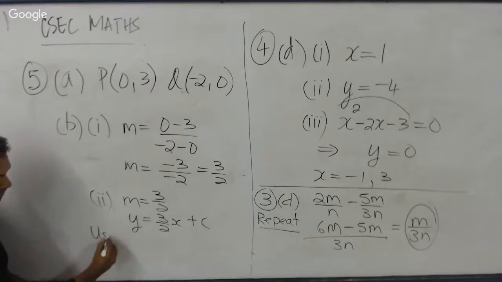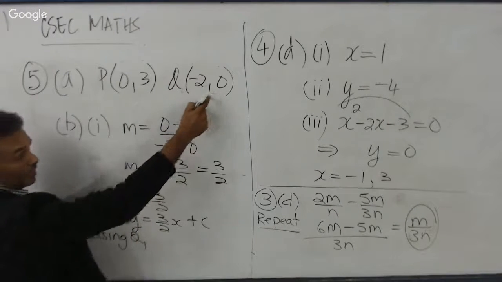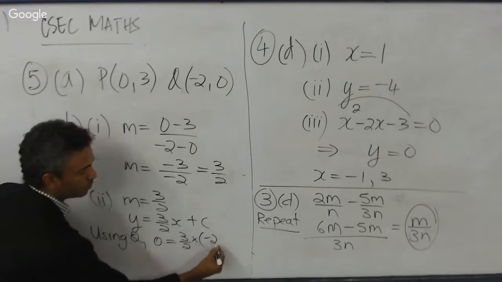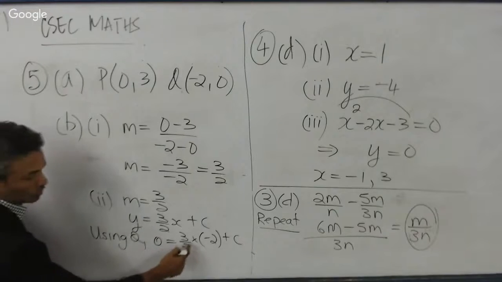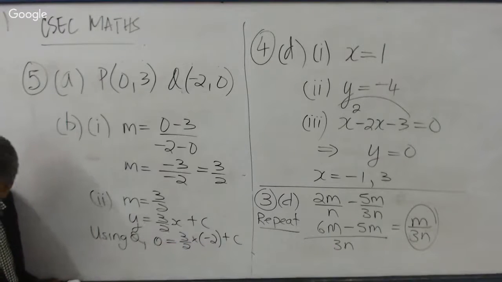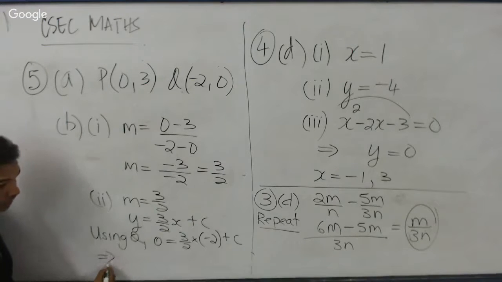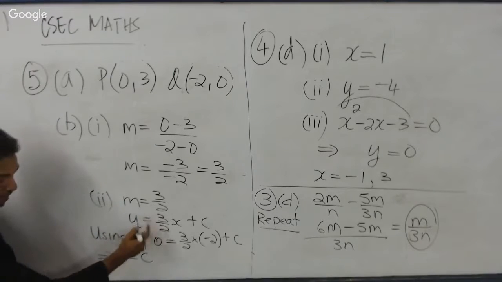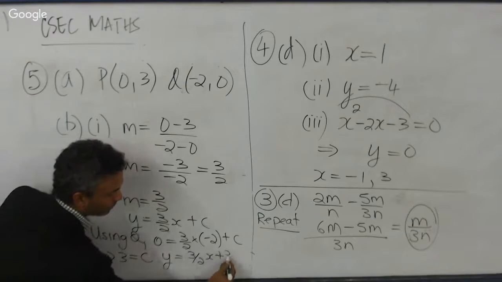So using Q in the equation, y equal to 0 will be equal to 3 over 2 times negative 2 plus c. 2 into negative 2 is negative 1, times 3 is negative 3. Carry over the minus 3 and you end up with 3. So 3 would be equal to c, or c equal 3. And the equation will go back to y equal 3 over 2x plus 3. So it still works out.